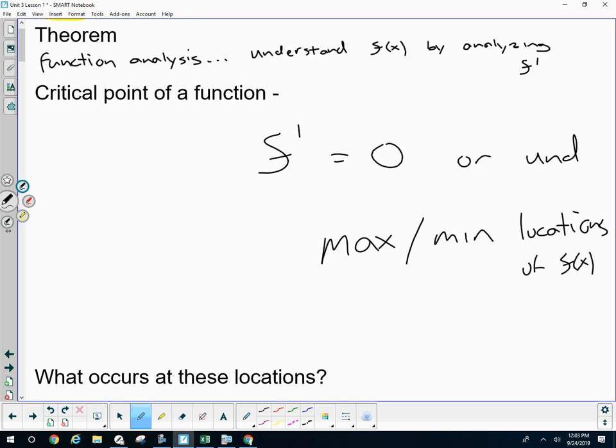Now, question to you. If I have a tangent slope equal to 0 or a tangent slope that is undefined, am I guaranteed to have a max or a min? Discuss that with your neighbors. Are there situations where I could have a tangent slope equal to 0 but not have a max or a min?